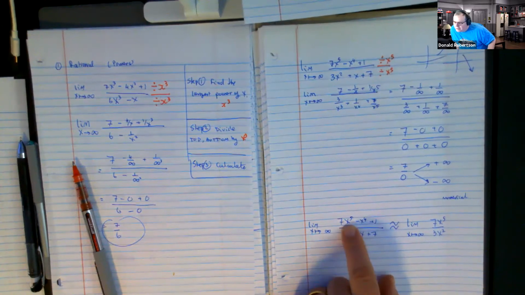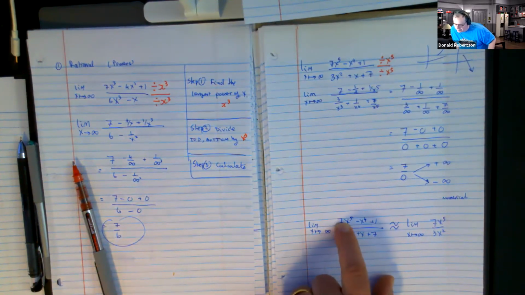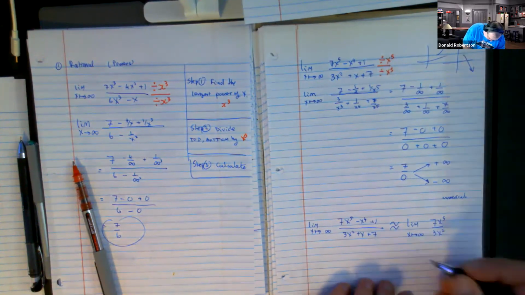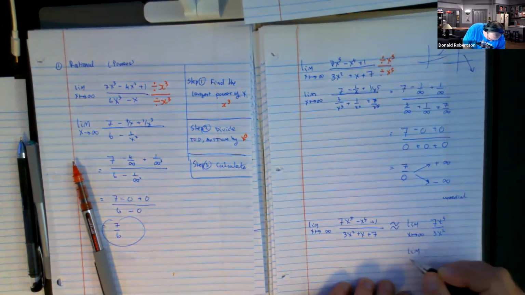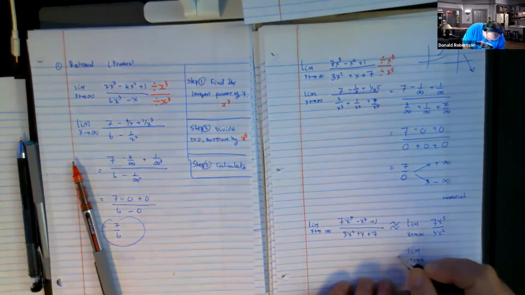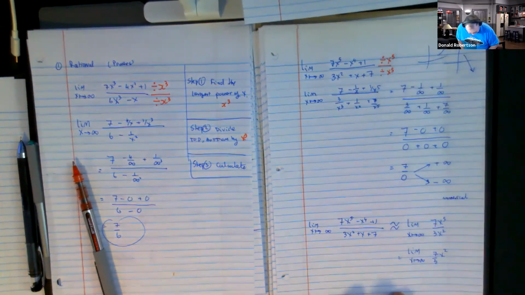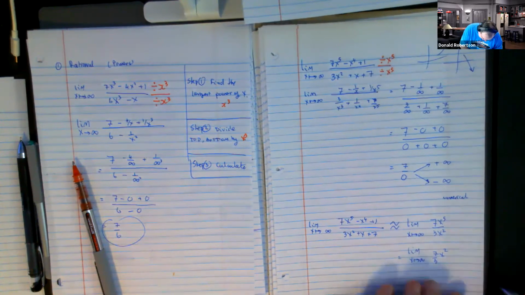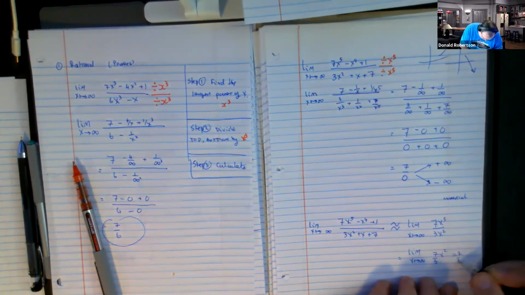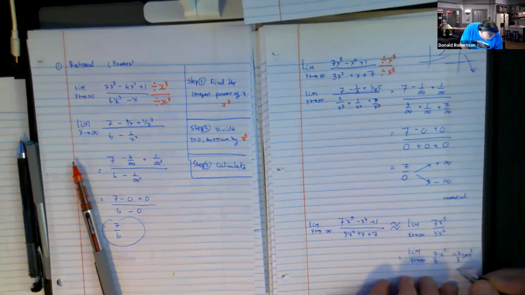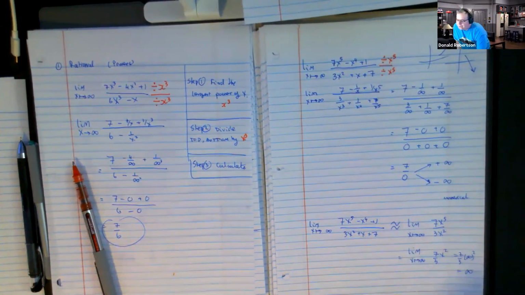So numerically, won't the only one that really matters in the long term be the first big power? Now that guy can be simplified down to that guy. And that guy is 7/3 times infinity squared, which is what? Positive infinity.